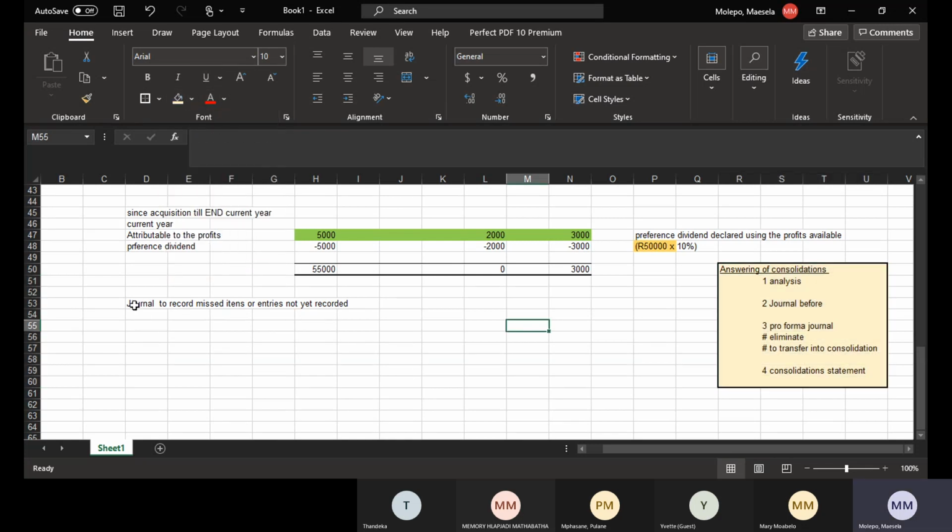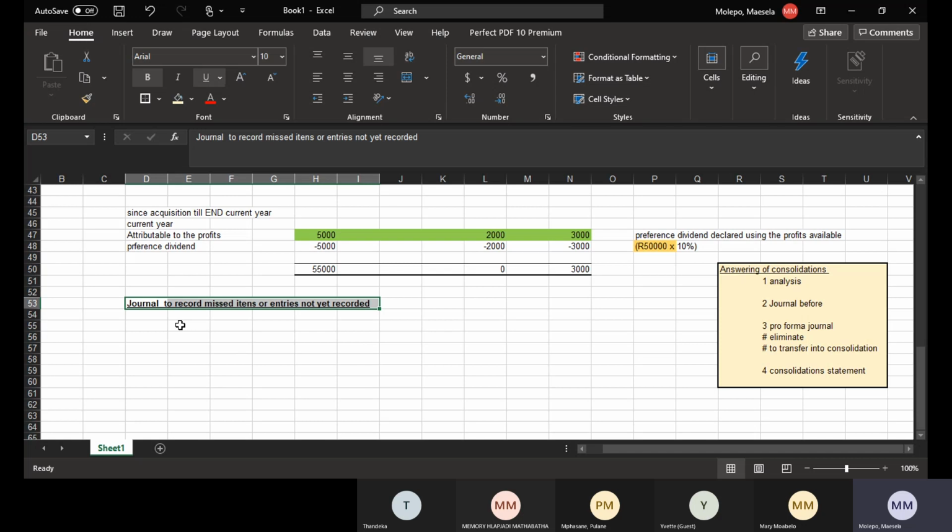Okay, then let's proceed. Now is the journal to record any missing items, the ones which were not accounted for. So when you check from page 206, adjustment number 1, the land and building revaluation was not accounted for. So we need to record it. And then again, there was the inventory in transit, which was not accounted for.